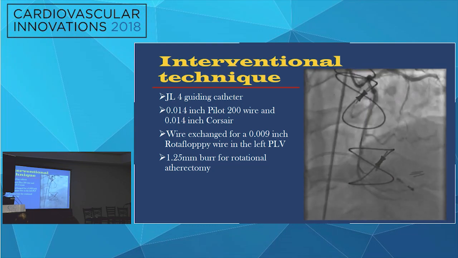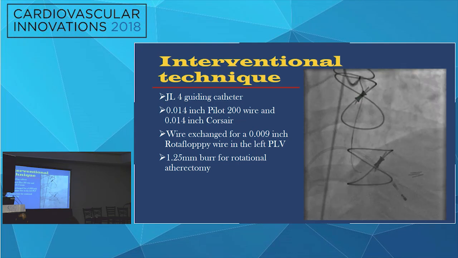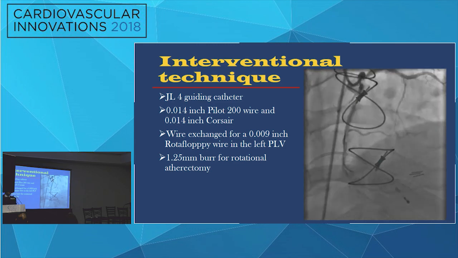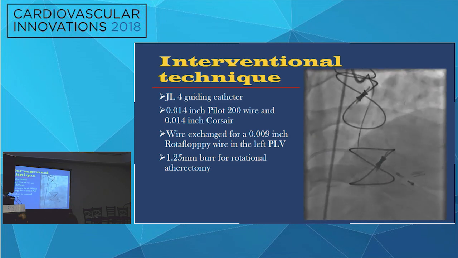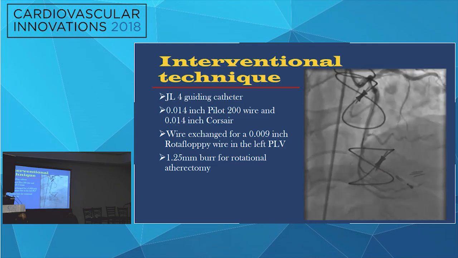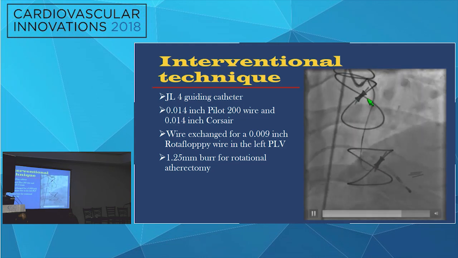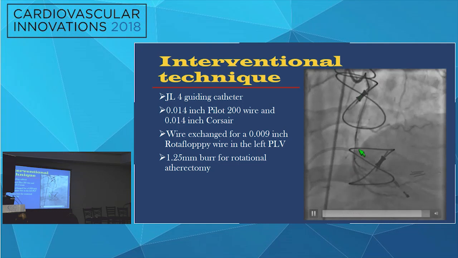I used a 6 French JL4 guide. I wired that artery using a Pilot 200 supported with a Corsair, then exchanged out the wire for RotaWire Floppy. I used a 1.25 millimeter burr. Three passes went very uneventfully. I was able to rotablate the whole length all the way down.